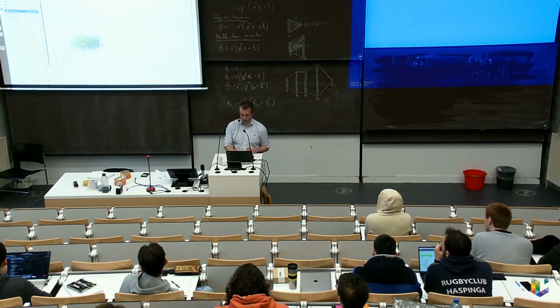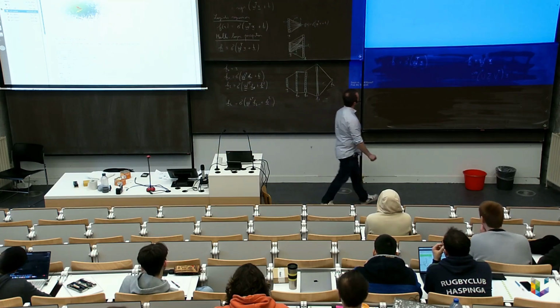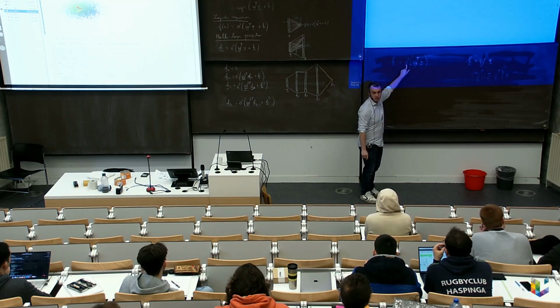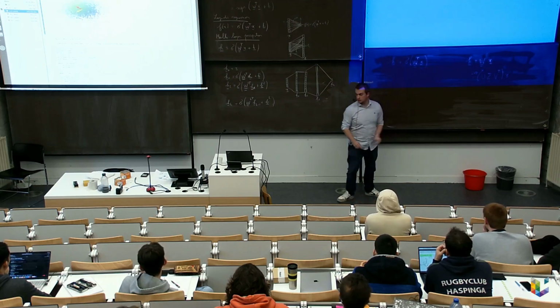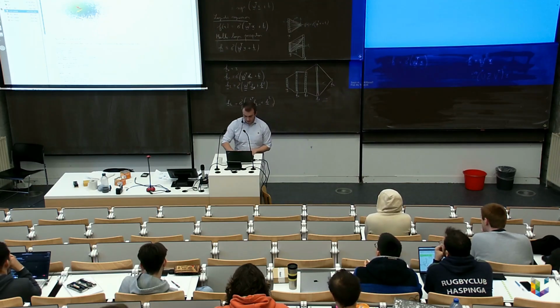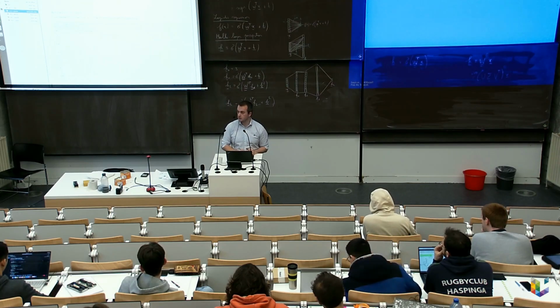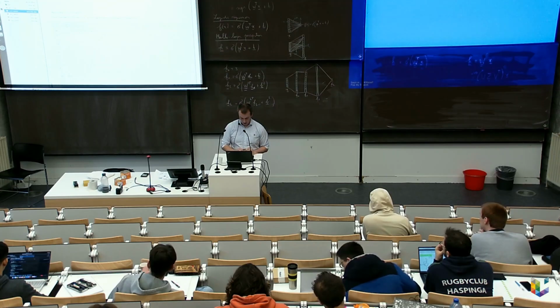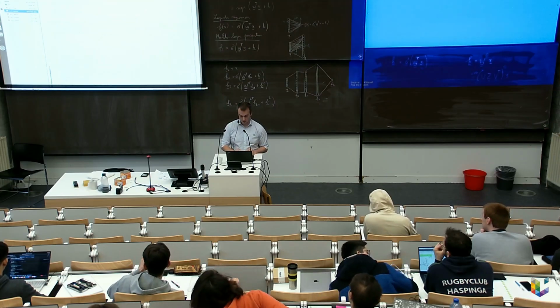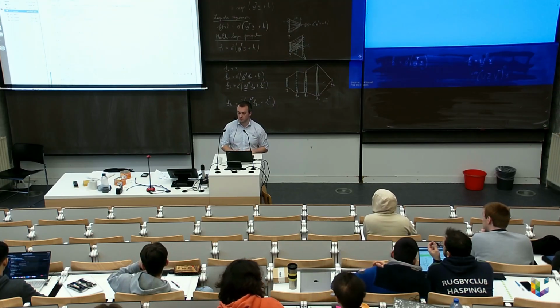Now, what happens when we add this nonlinear activation function? In 1D, this is how it looks. We've already looked at this plot, but you can generalize that to n dimensions.